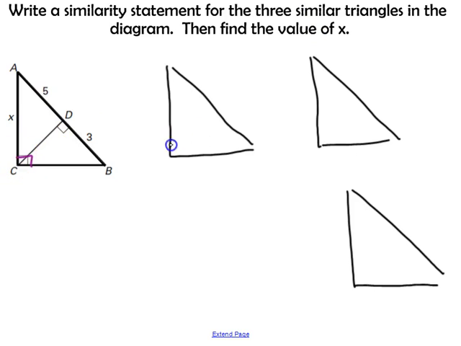The main right angle. And then we can mark the others, A and B. So remember, when you're separating them out, make sure that the markings are identical in all three. In the main triangle, A, C, B are the vertices.